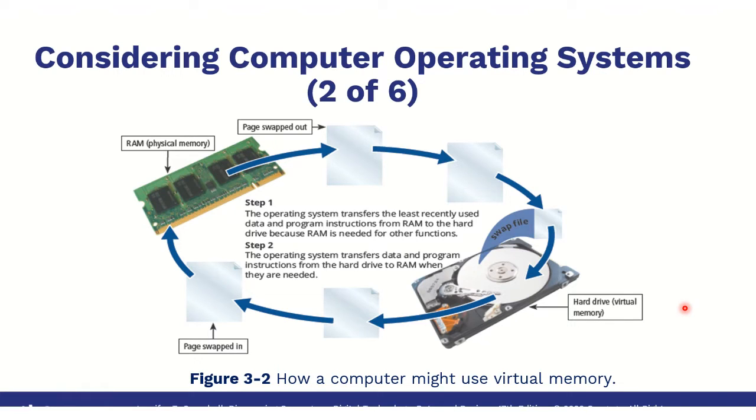And the kernel has a lot of algorithms, a lot of programs in it that know how to route a certain request. So let's say you try to print a file. As a user, you click on the print button, then that print command is transferred to the kernel of the computer.